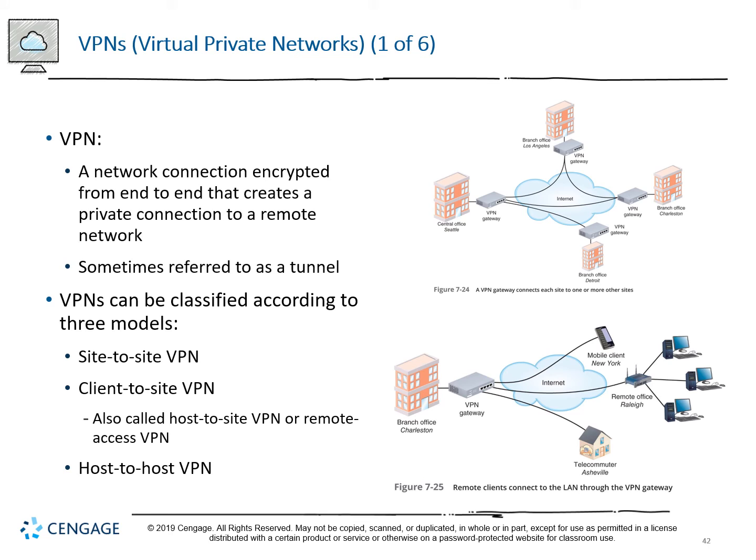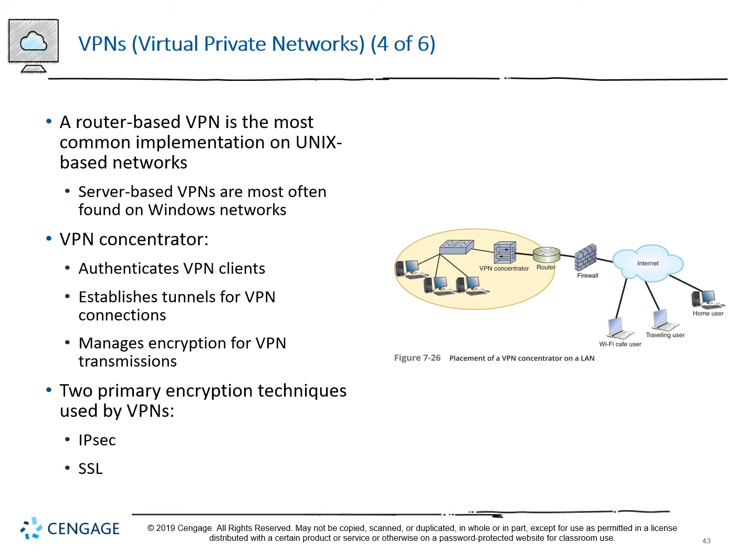If we were to assume that one of these desktops on the far right were actually a VPN connection, you can have a tunnel to a tunnel. You can join tunnels together. A router-based VPN is the most common implementation on Unix-style networks, and server-based VPNs are most common on Windows. There are also devices we call VPN concentrators.